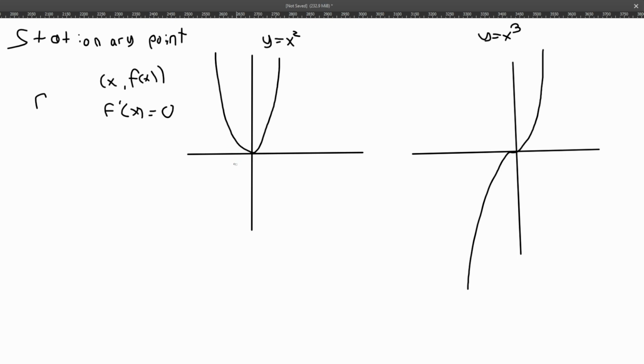Now in both of these cases, we can see that the derivative at point 0 is 0. So we would denote the stationary point of this function as 0, 0, and this as 0, 0 as well.